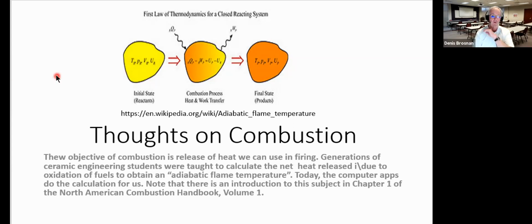That was a useful exercise in college instruction, but really not necessary today. It kind of takes our thoughts off the goal, and that's to look at the furnace. Years ago, when we didn't have these computer utilities, we spent a lot of energy doing these adiabatic flame temperature calculations. Then we'd get to designing a furnace and have to do wall heat loss calculations.